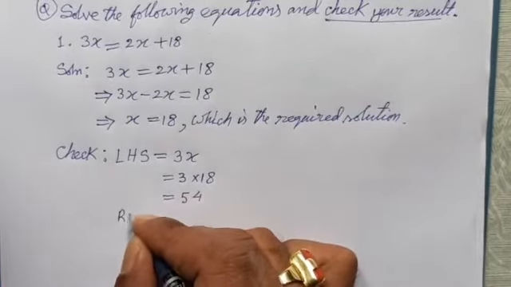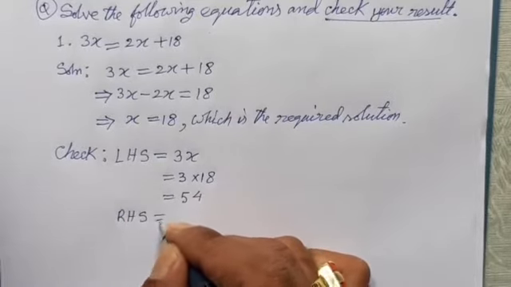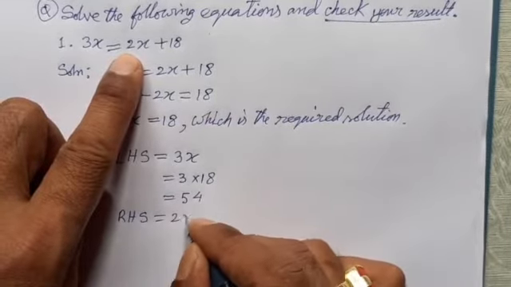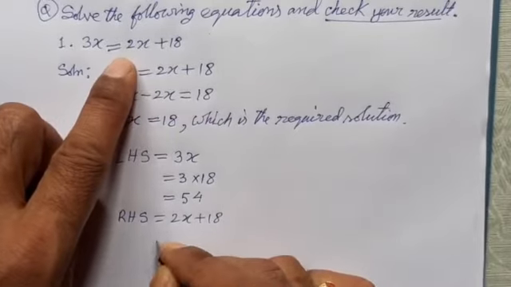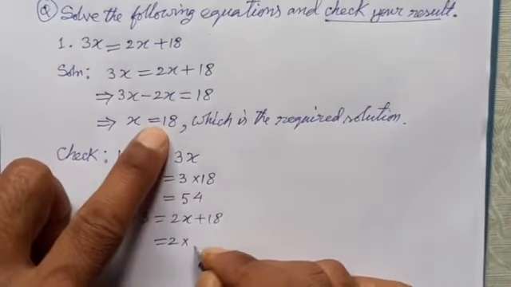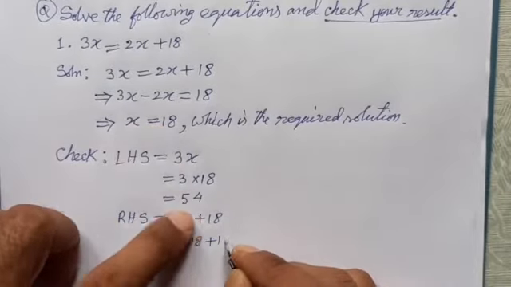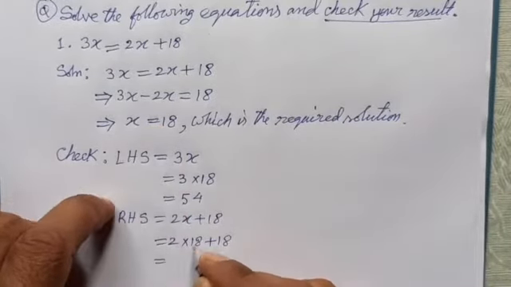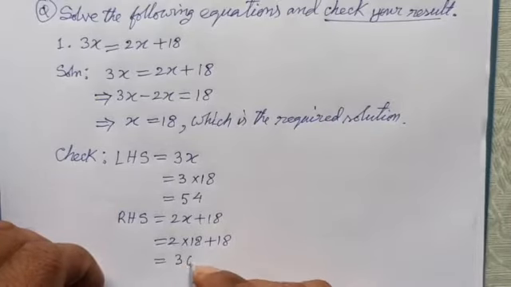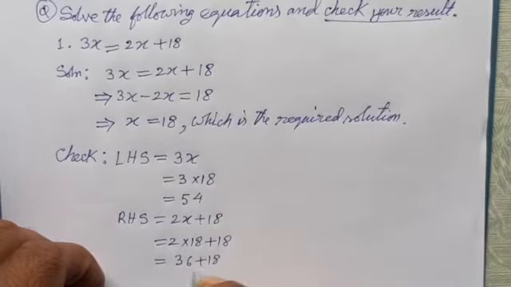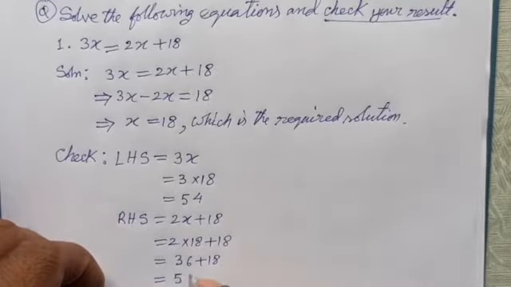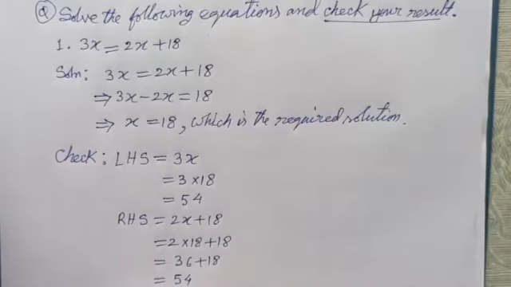Next is right hand side. Right hand side is 2x plus 18 is equal to 2 into x is 18, plus again 18. 2 into 18 is 36 plus 18. 36 plus 18 is 54. Therefore, left hand side is equal to right hand side.